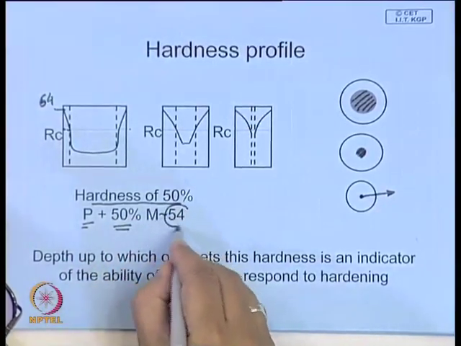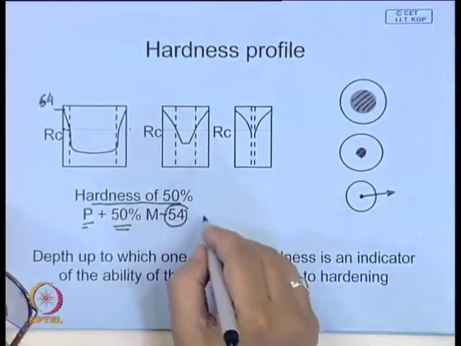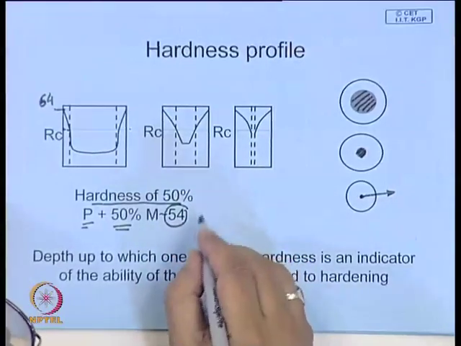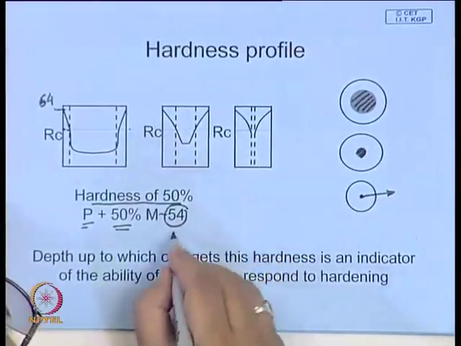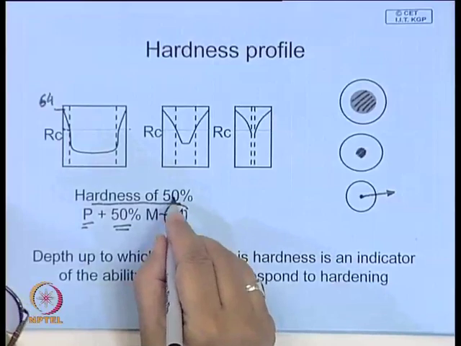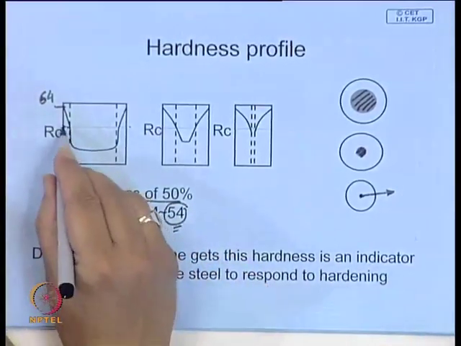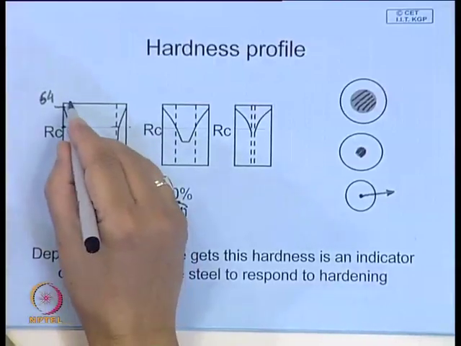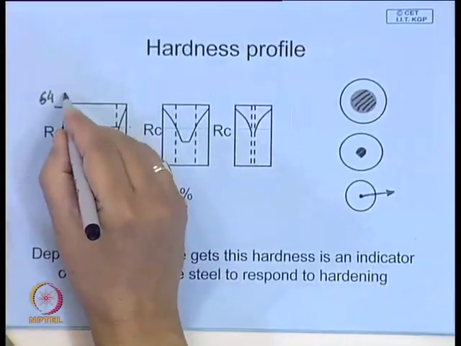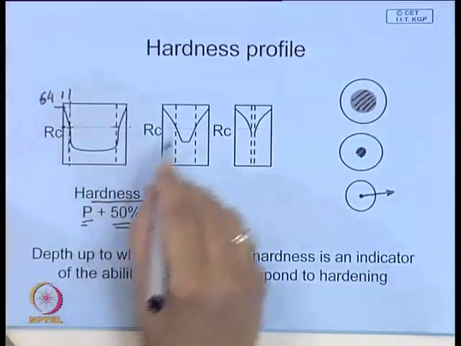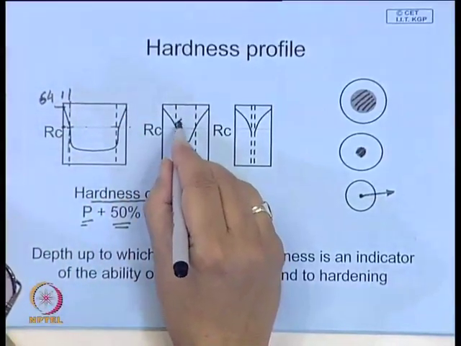This is around RC 54 for eutectoid kind of steel. So with carbon content around 0.7, 0.8, the hardness of 50% martensite, 50% pearlite will be around this. So look at where you have this, and you say this is my depth of hardness, whereas this is the diameter.